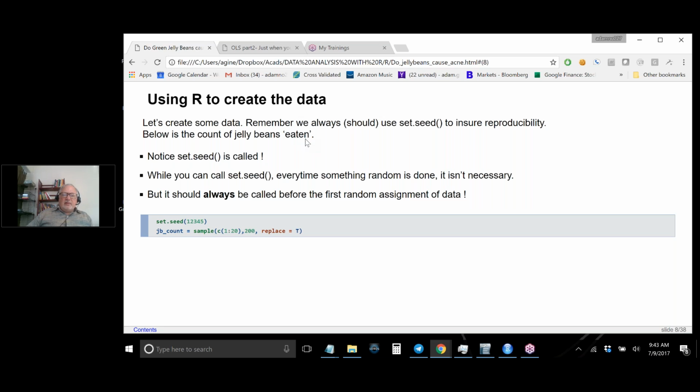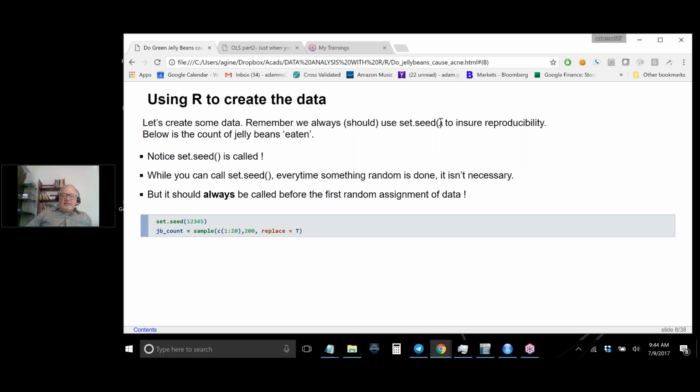So this is something really worth keeping in mind. When you're doing anything that's random, like sampling from a normal distribution, you should always use set.seed. Computers can't just pick true random numbers. There's what's called pseudo-random numbers. They act as if they're random numbers.